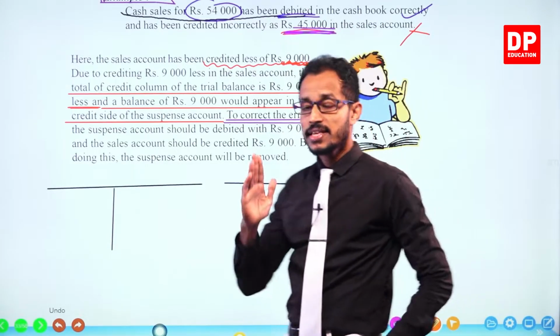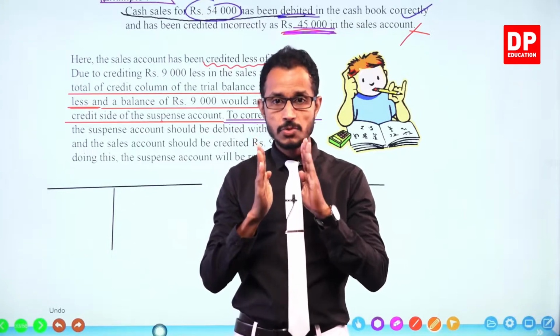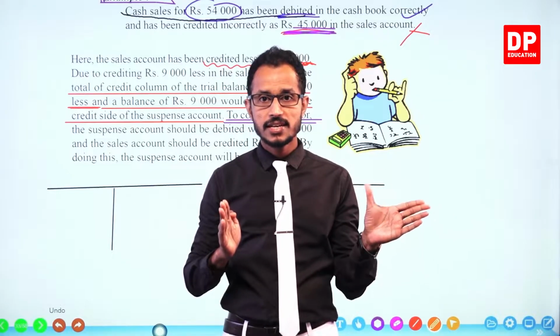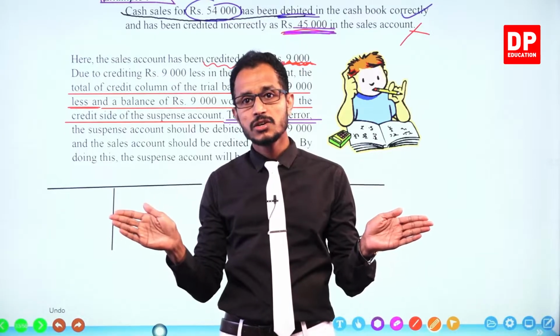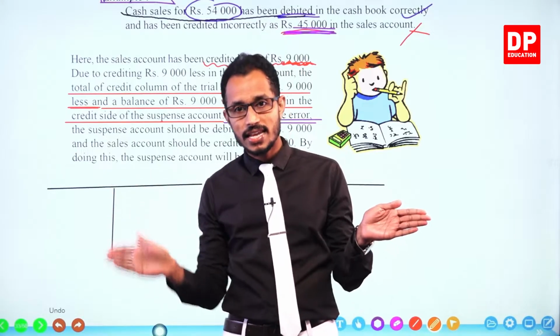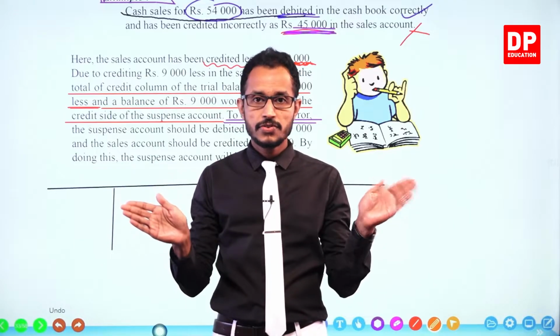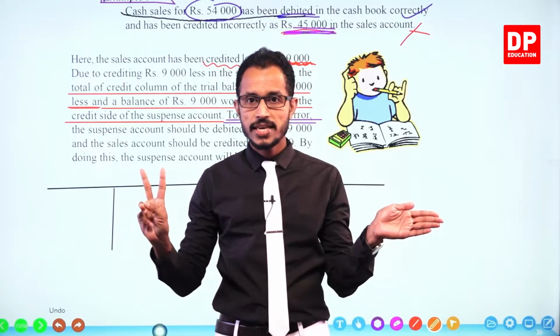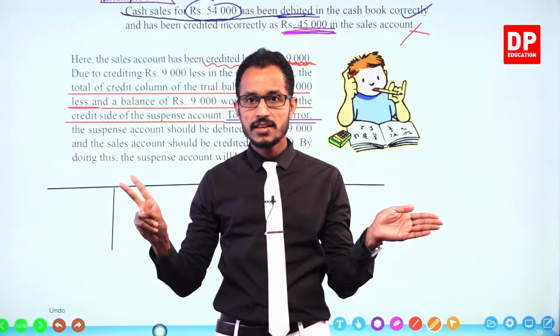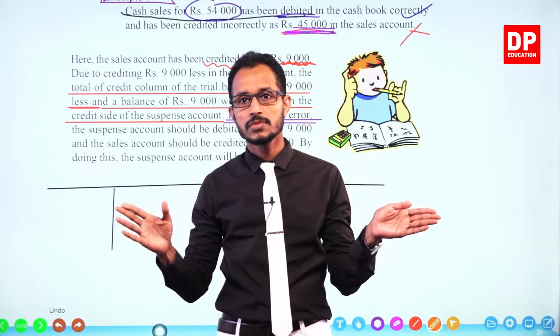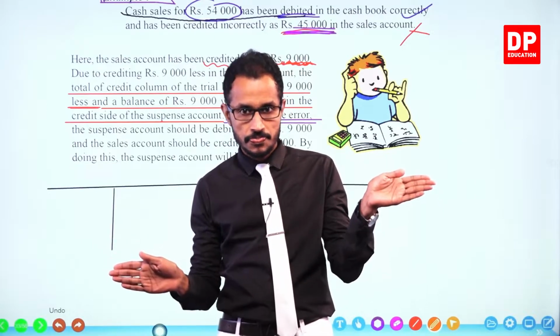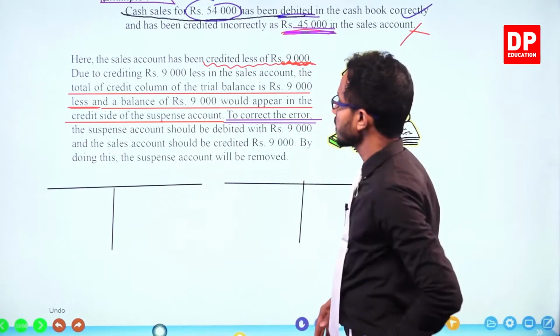That means in the cash book, the debit entry is correct. The credit entry is wrong because it is lesser. Instead of 54,000, here they have entered 45,000. So it is lesser. That is the error.